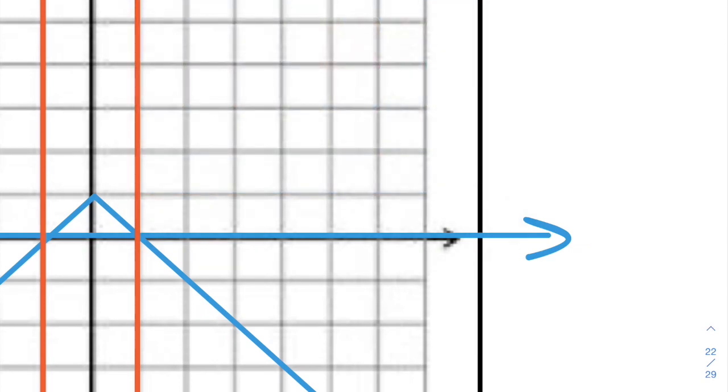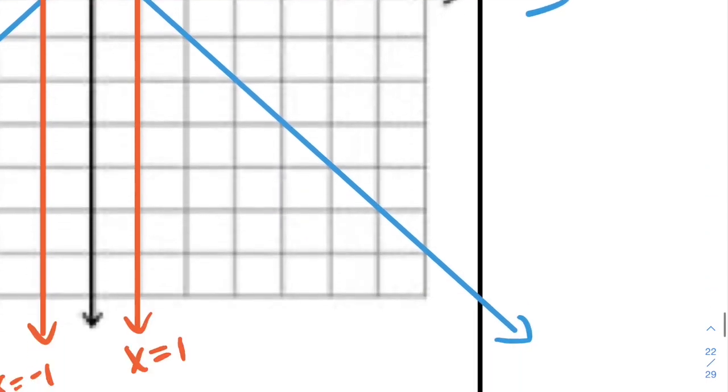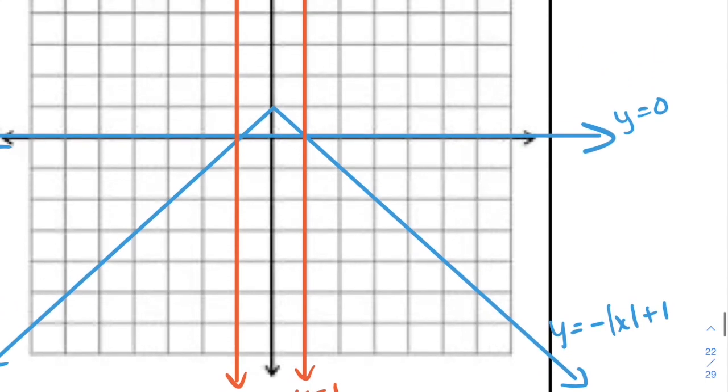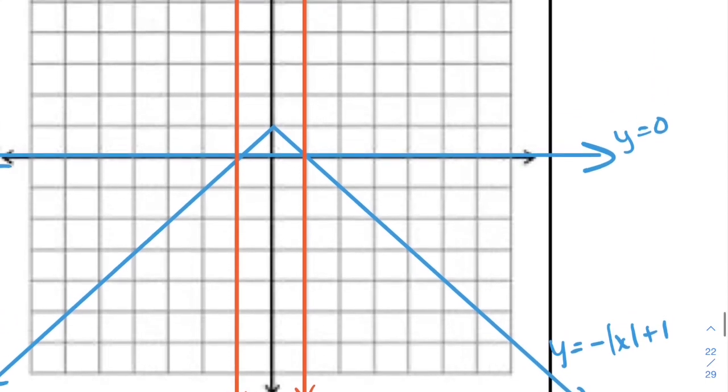You have y equals 0, and you have y equals negative absolute value of x plus 1. That's where I'll write it. Okay, so I adjust the way it looked. It's almost like negative x plus 1, but in this case, it's negative absolute value of x plus 1.